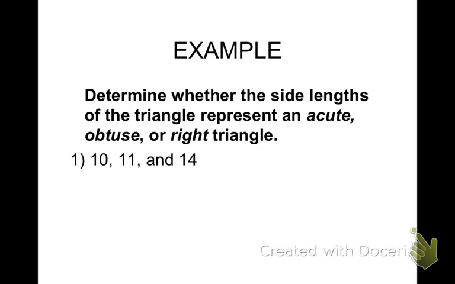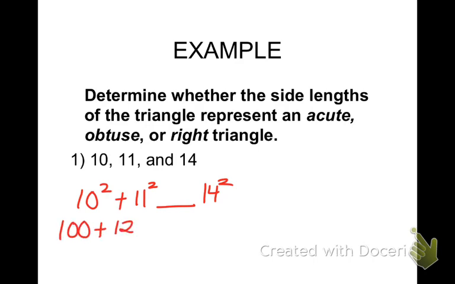So let's go ahead and set up our a squared plus b squared, making sure 14, which is my largest number, is my c. So 10 squared plus 11 squared, then I'm going to put a blank, 14 squared. Well, 10 squared is 100, 11 squared is 121, 14 squared is 196.